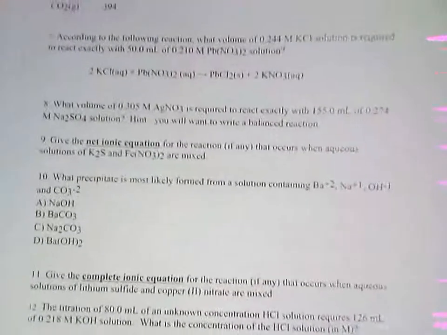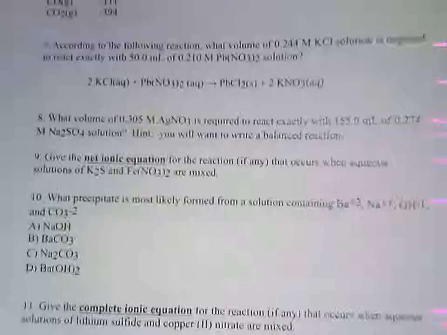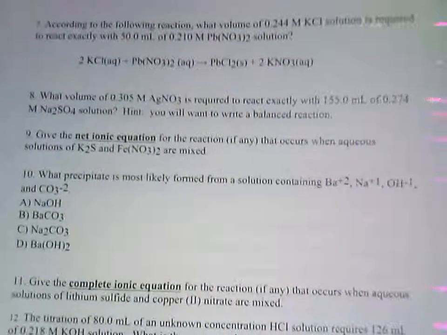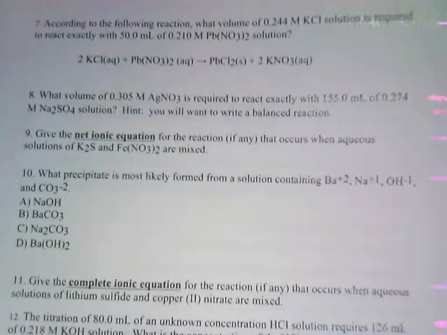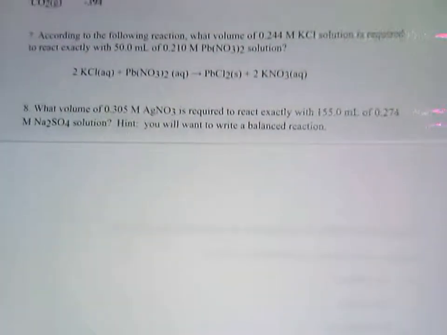All right, so question 8 is what volume of silver nitrate is required to react exactly with 155 milliliters of 0.274 molar sodium sulfate? And you have to write your own balanced chemical equation. All right, I can give you a hint to get started.